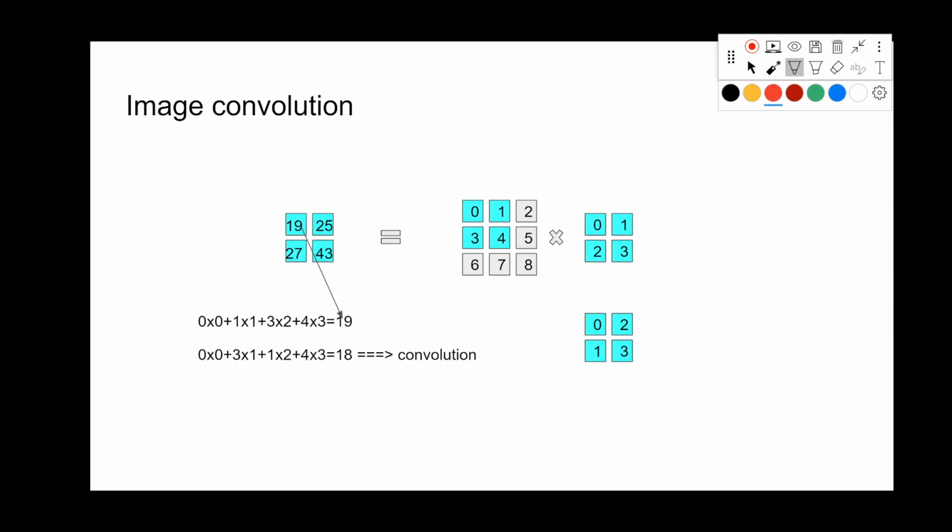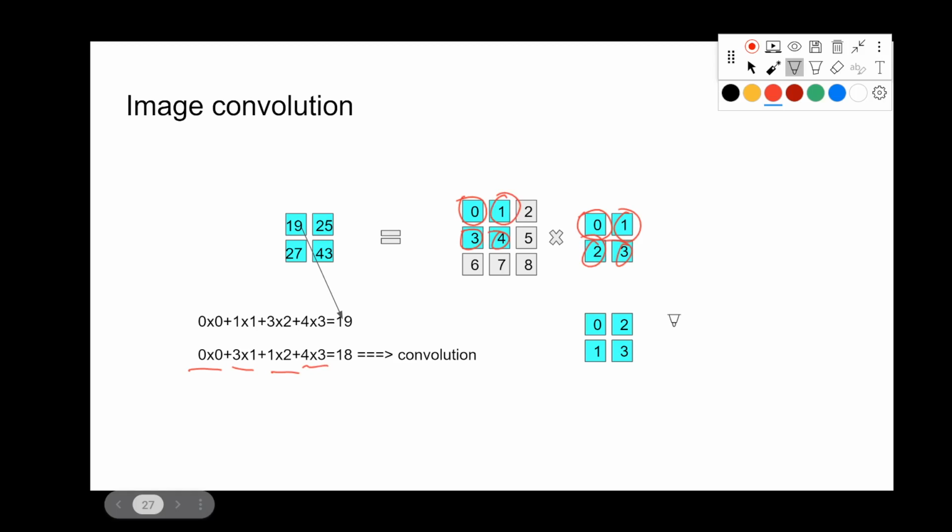But you can see that this is a correlation because we multiply in the same position. In order to make it the convolution, it will become 0 and 0 first, then 1 times 3 here, 1 times 2 here, and 4 by 3 here.